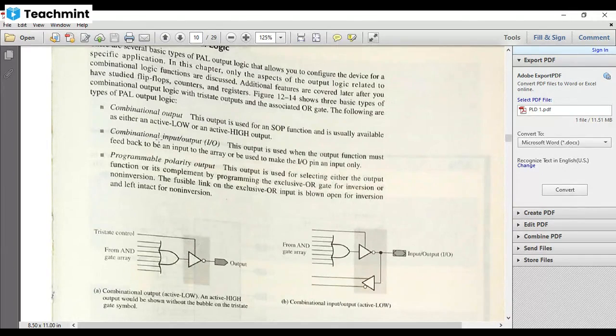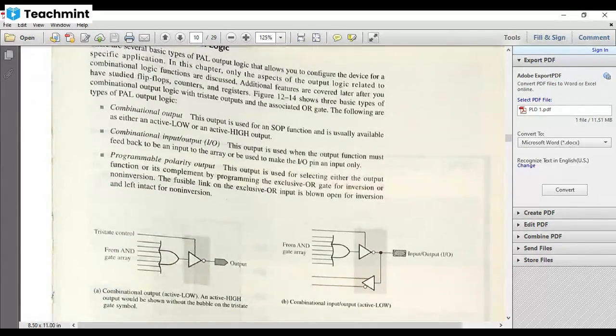Now the second type is a combinational IO. In the previous one, it is only the output, but there are a lot of such pins we are utilizing for microcontrollers nowadays. These are IO pins, depending on your need: either we put it in input mode, or we put it in output mode.